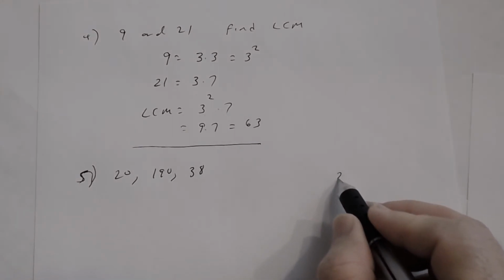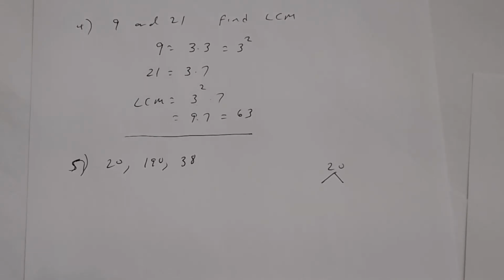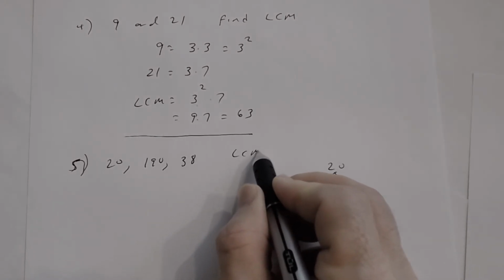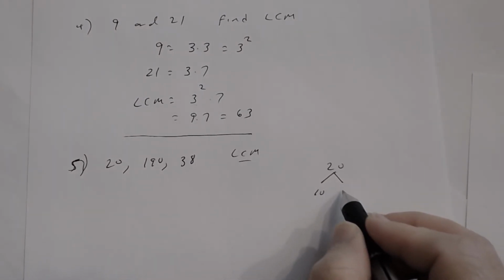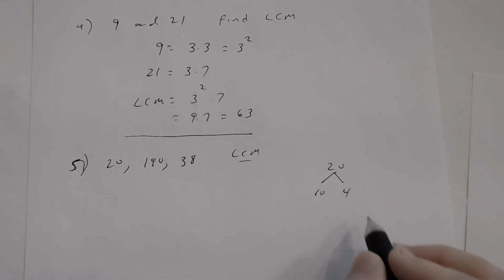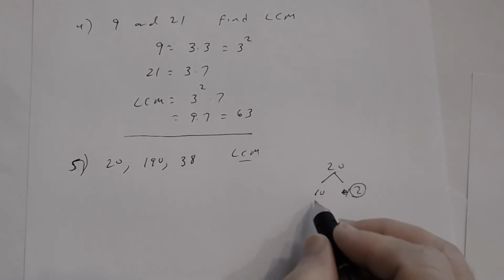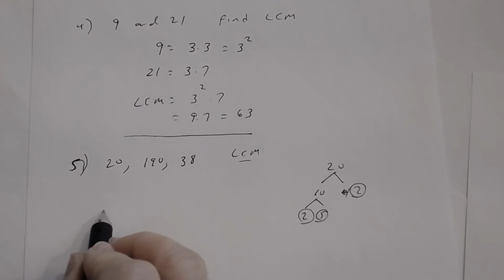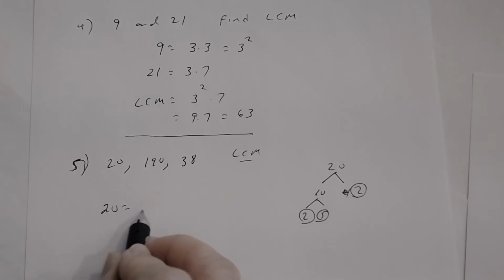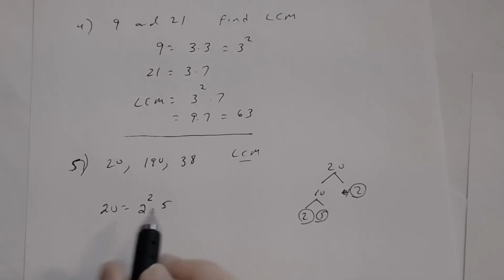The prime factorization of 20, what's that? 10 times 2, right? 2 is prime, so I'm going to circle that. 10's not, so that's 2 times 5, and both of those are prime. So the prime factorization of 20 is 2 to the second power times 5.